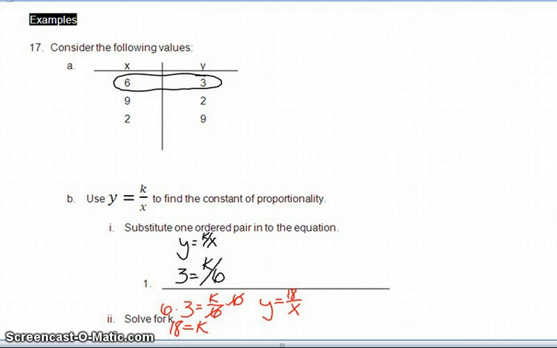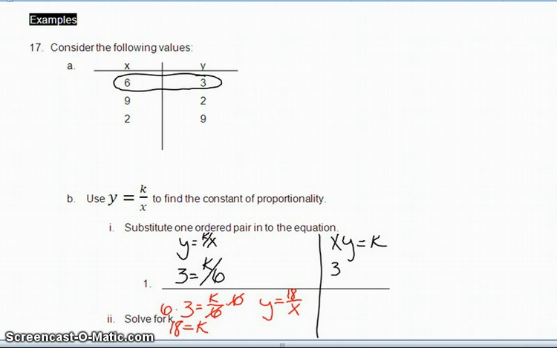Now, had we used our other equation, xy equals k, and this is usually the easier simplified version in finding k, we substitute x and y.